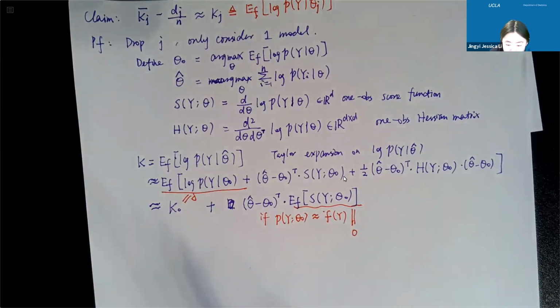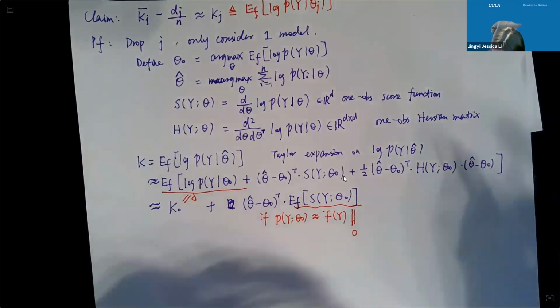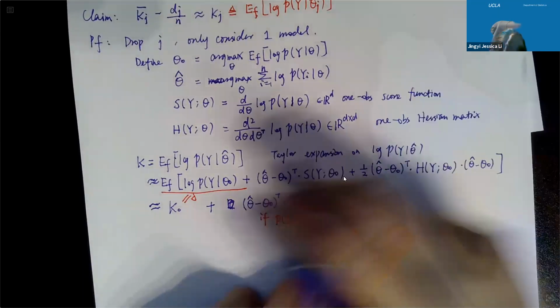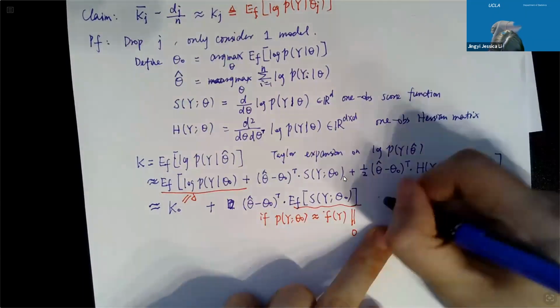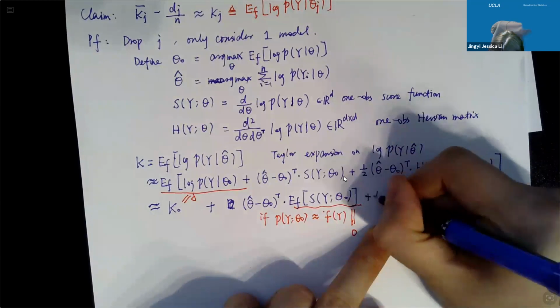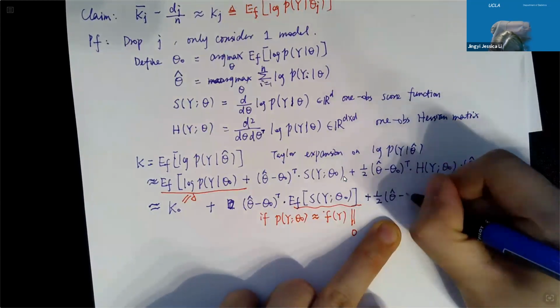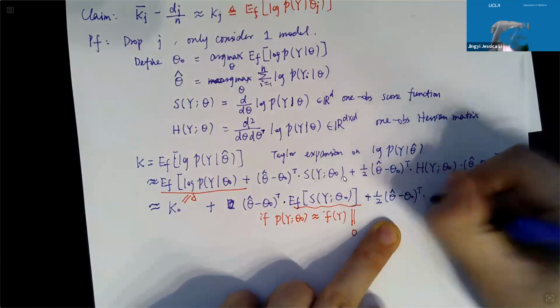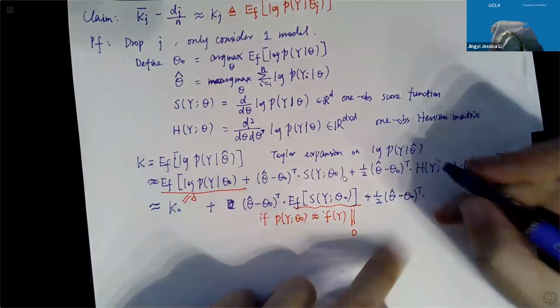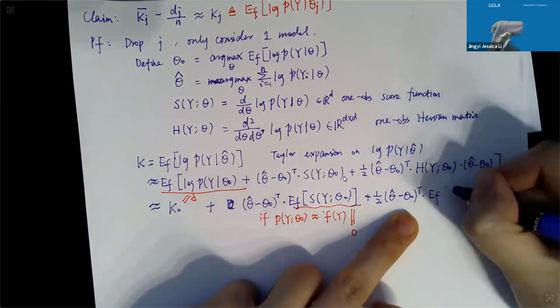So we're going to use that again. We basically say, okay, we move the expectation here. We have the plus 1/2 theta hat minus theta zero transpose times the expectation of the Hessian.